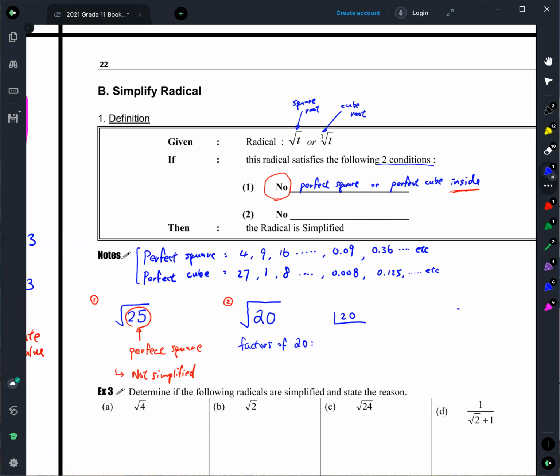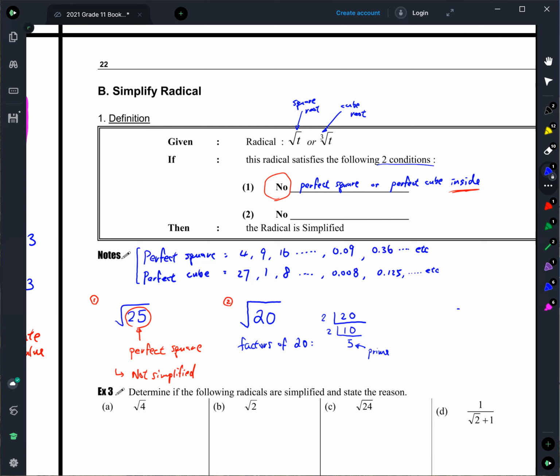Okay, so we can use 2, right? 20 divided by 2 will give you 10. I can also divide by 2 again, give you 5. And then you stop when the last number is a prime number, because the 5 can only be divided by 5, nothing else. Okay, we call that a prime number.